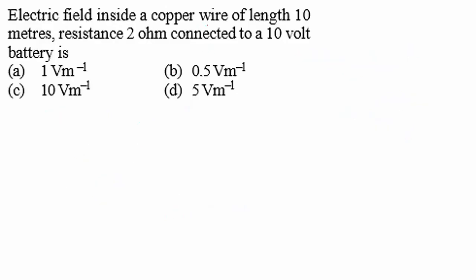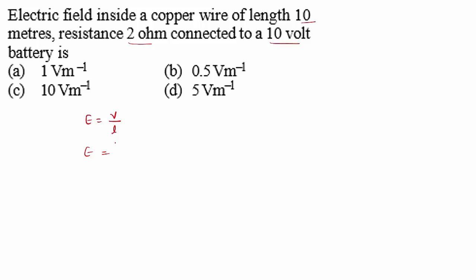Electric field inside a copper wire of length 10 meter and resistance 2 ohm connected to a 10 volt battery. We directly have the equation: electric field E equals V divided by L. Very simple question. What is the value of V?